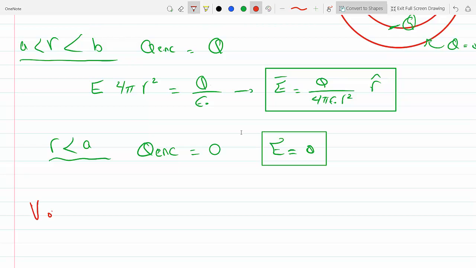So V at 0 minus V at infinity. This guy is 0.